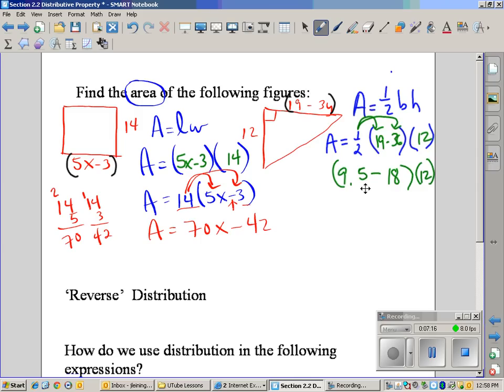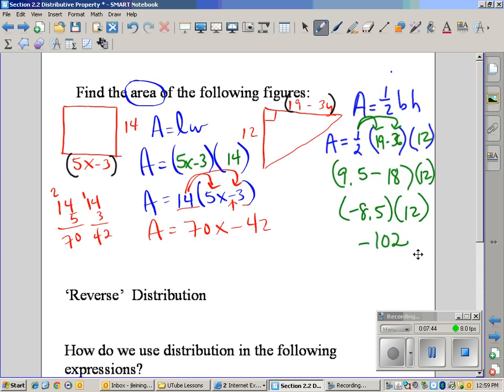And then we've got some type of big multiplication to do now. 9.5 minus 18, let's go ahead and subtract that. 9.5 minus 18 is negative 8.5 times 12 is, let's see, I've got a calculator going here, negative 102.